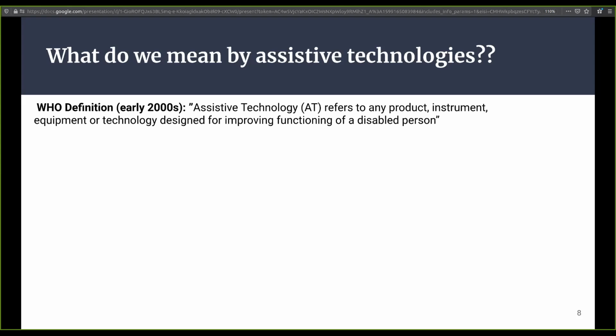Based on an early definition by the World Health Organization back in 2000, assistive technologies are any equipment, instrument or product designed to improve the functioning of a disabled person. That definition, as you can imagine, evolves as our understanding of what a disability is evolves.